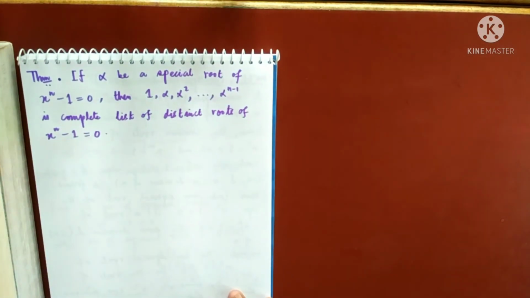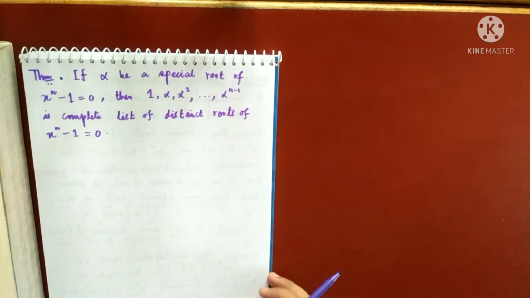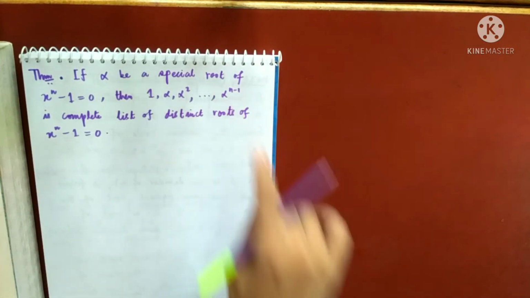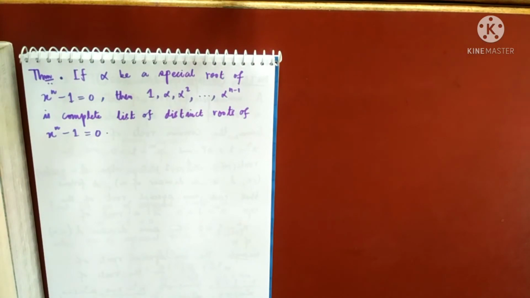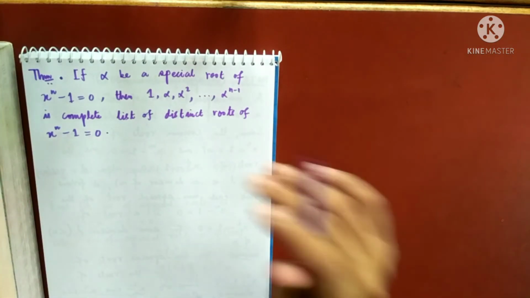So this is why we care about special roots. With the help of special roots, you can generate all the roots. The proof is simple, but again I'm not doing the proof just because I'm not interested in the special roots topic. You can just go through the proof. It's extremely simple.